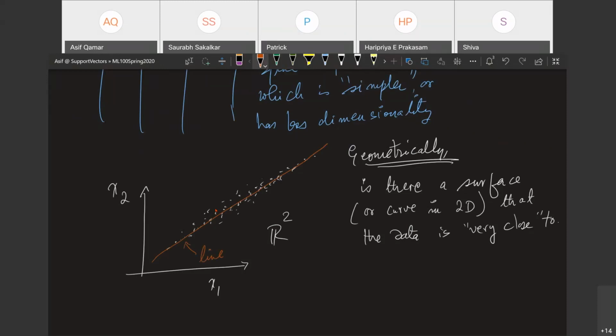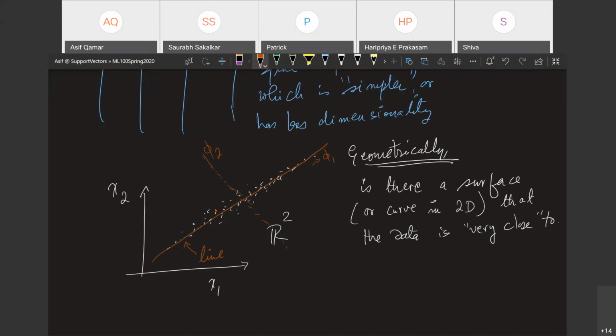Think of this line. And suppose I create a new coordinate system on this line. Let me create a new coordinate system through the center of gravity of these points. Let me call this direction phi1 and phi2.